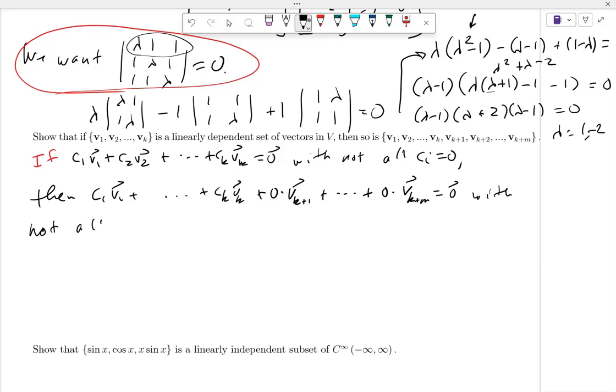And still not all of the scalars are 0. So the set has to be linearly dependent.